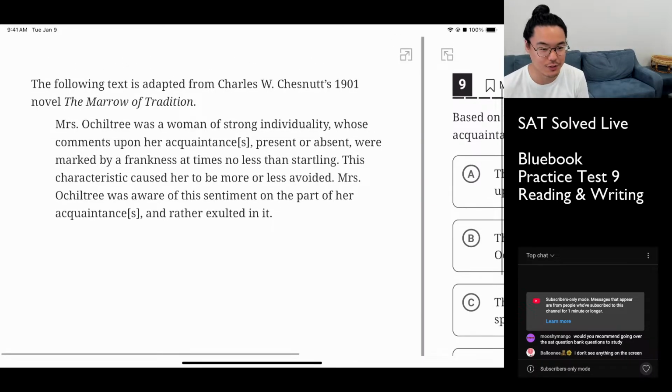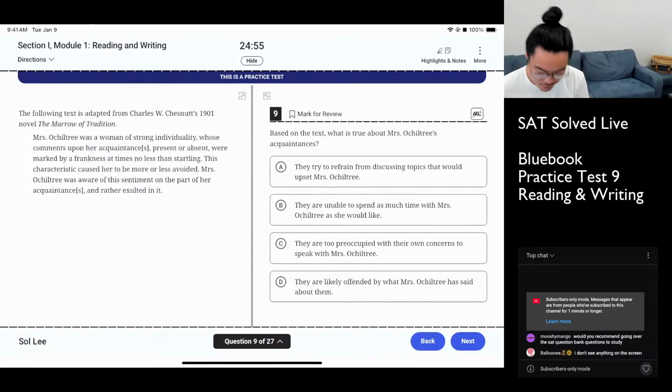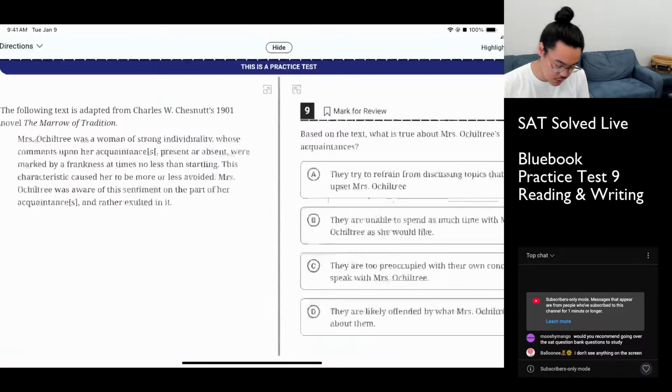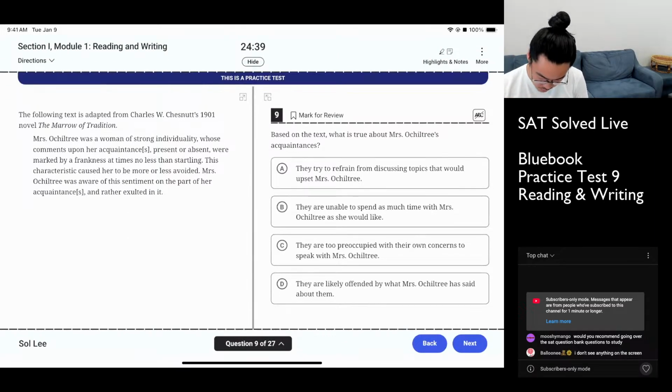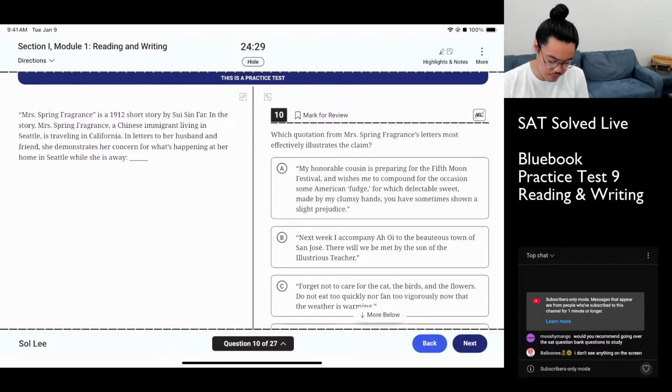She loves herself. Okay, there we go. Her aggressively honest self. What is true about her acquaintances, which is not the question I was expecting, is that they are startled and avoiding Mrs. Ochiltree. There we go. Startled and avoiding Ochiltree. Okay, that is number 9.